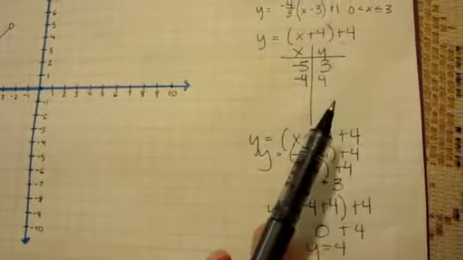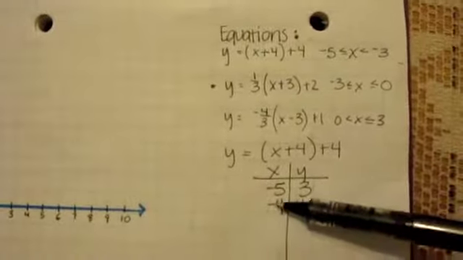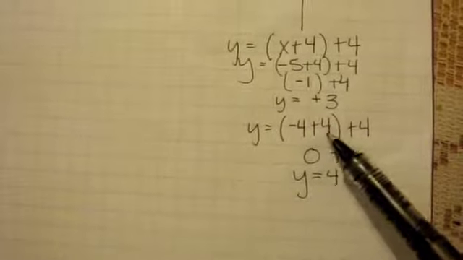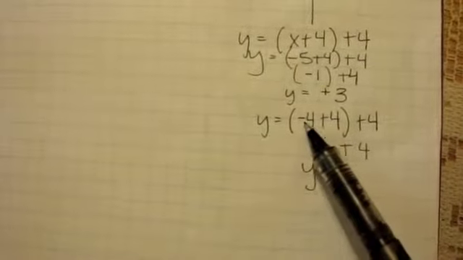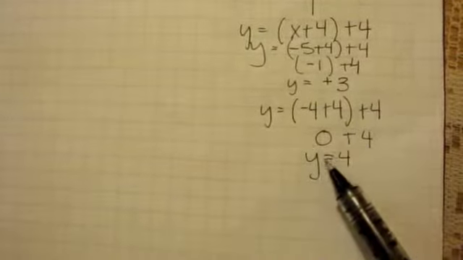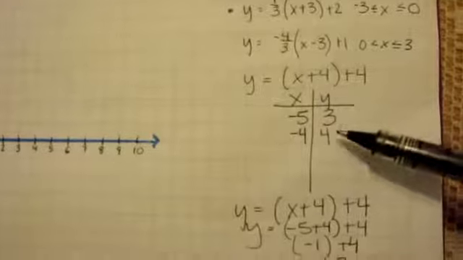And then I use another x value to find another point. So then I'm going to use negative 4 since negative 3 is not included. Negative 4: y equals negative 4 plus 4 plus 4. So then negative 4 plus 4 equals 0, plus 4, y equals 4. So when my x value is negative 4, my y value is going to be 4.